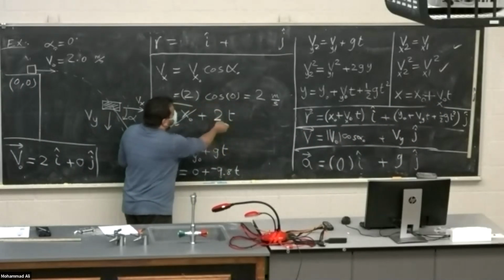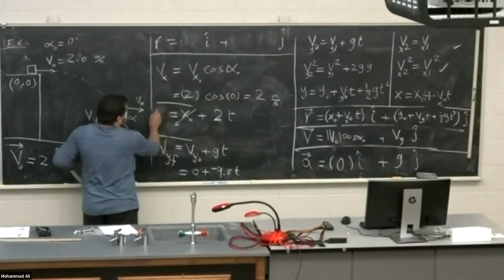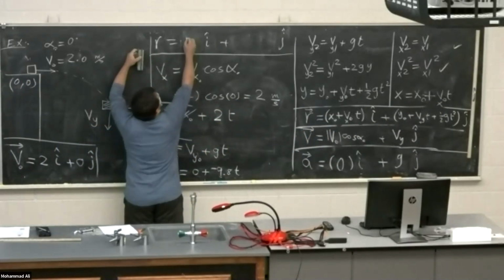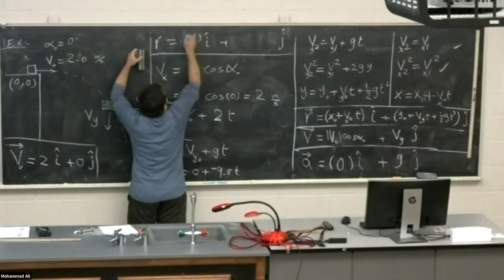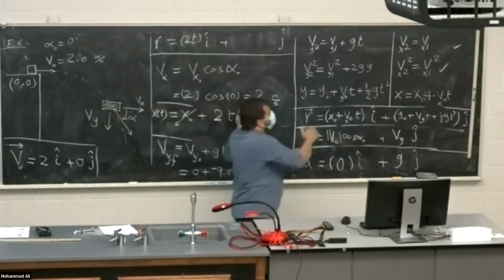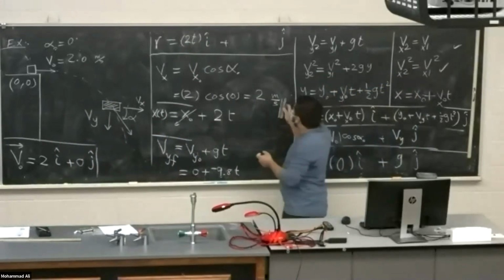So it is 2T. This is x as a function of T. This is x of T. I will use it here. 2T. I just solve the velocity and I will use it in the velocity vector.